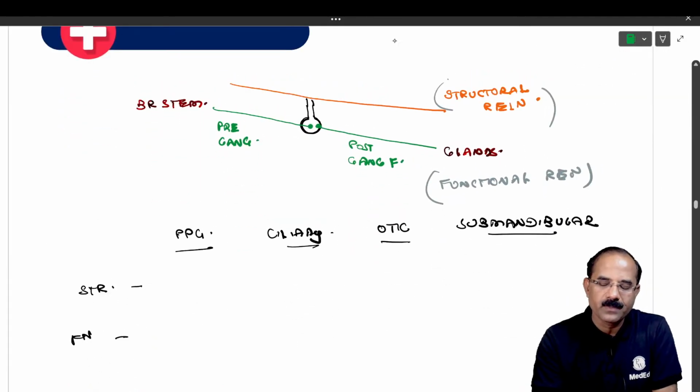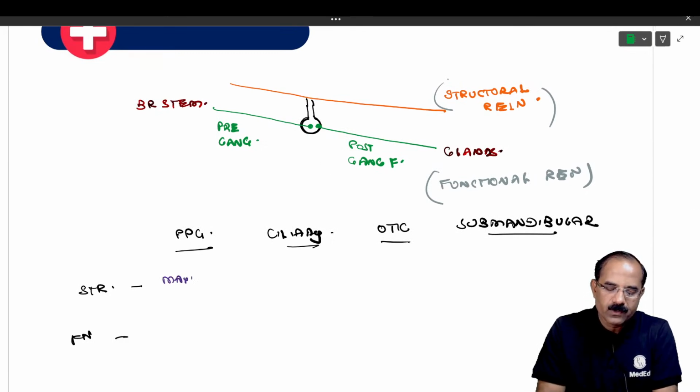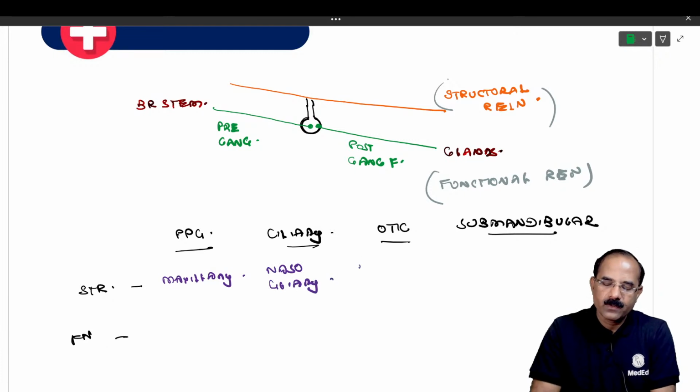I'll give you time. Just have a look first. So pterygopalatine ganglion is hanging from which nerve? Maxillary nerve. Ciliary ganglion is hanging from nasociliary. Otic ganglion is related to mandibular nerve. And the submandibular ganglion is related to lingual nerve.